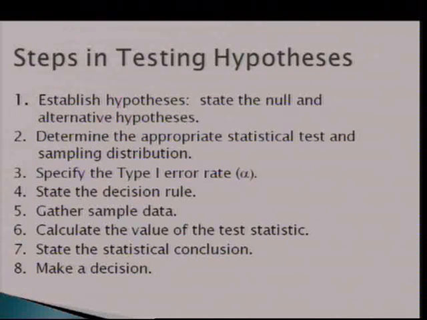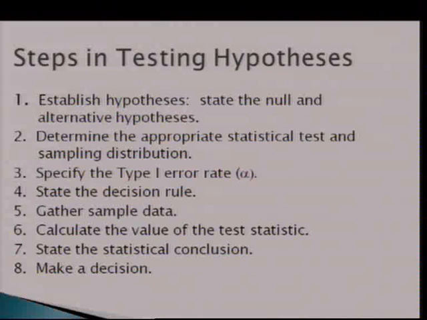So here we determine the appropriate statistical test. Next we define the error, how much we are going to commit. So specify the type 1 error. What is type 1 error? Normally it is designated as alpha, and what type 2 error is we will discuss a few minutes later.